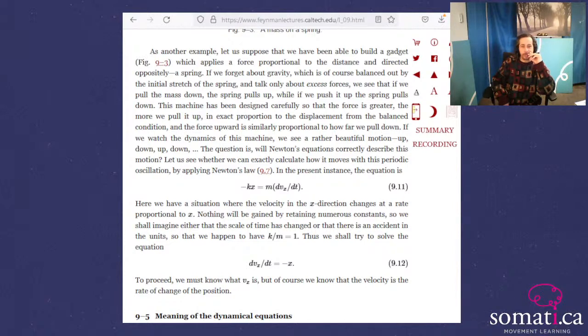So it's negative kx equal to mass times acceleration in the x direction. We're calling it x. It's vertical.